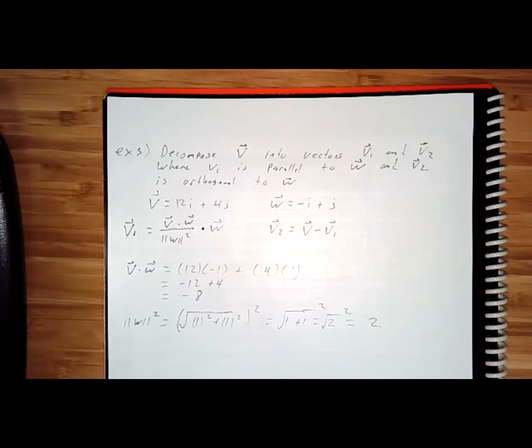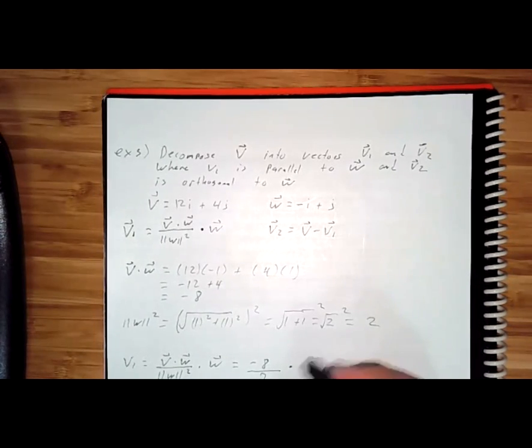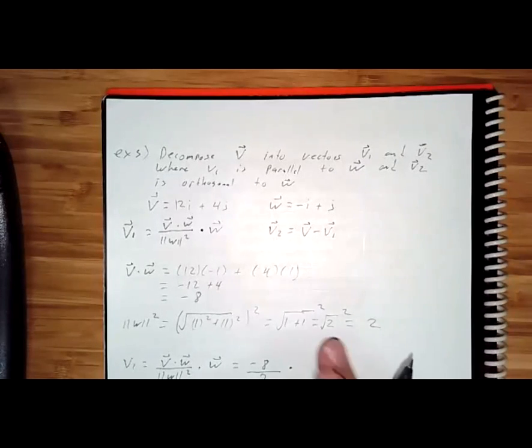Now we can do V1. So V1 is equal to, let's write the whole formula out one more time. V dot W over the magnitude of W squared, dot W. So that will equal -8 over 2 dotted with W, so -i plus j.